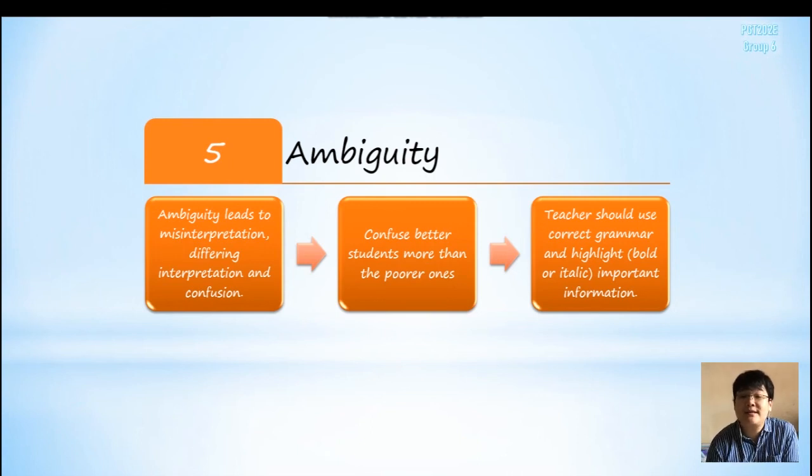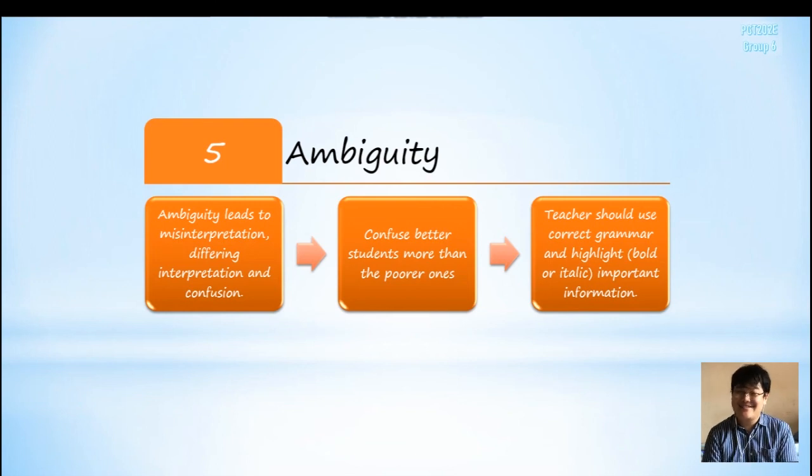If ambiguity exists in the test item, it would confuse better students more than the poorer ones. Better students have a better understanding of the test item given. Poorer ones do not. So if better students read such an ambiguous statement, they would become even more confused than the poorer ones, because the poorer ones don't understand at all.